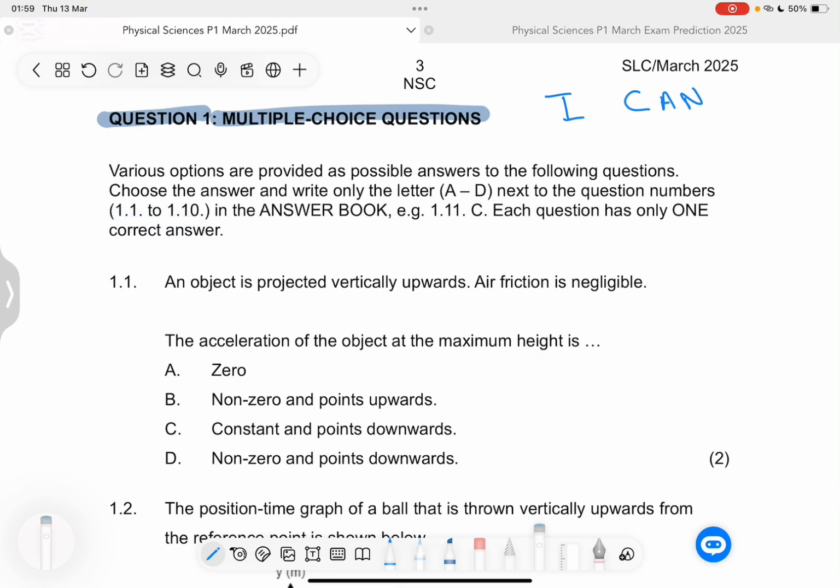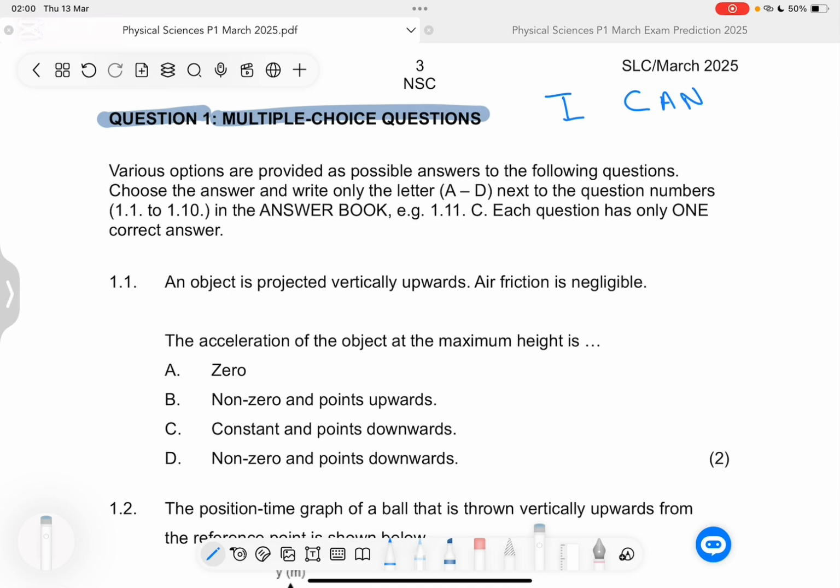For example, if you are doing question 1.11, you only write C if you think C is the correct answer, because C would be an answer where there's a statement next to it. You do not write that statement, you only write the letter and the number.